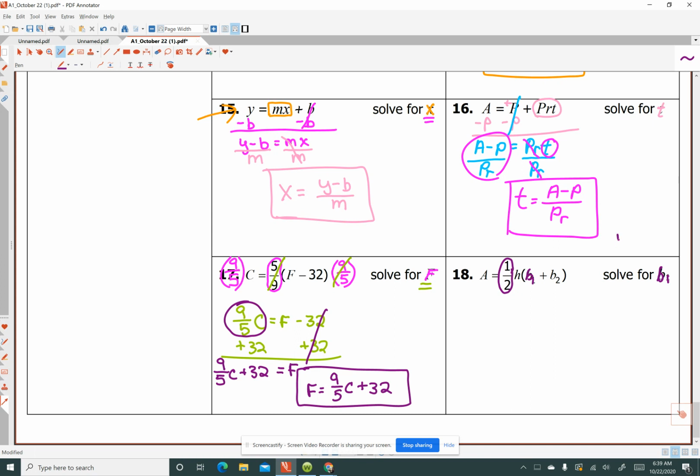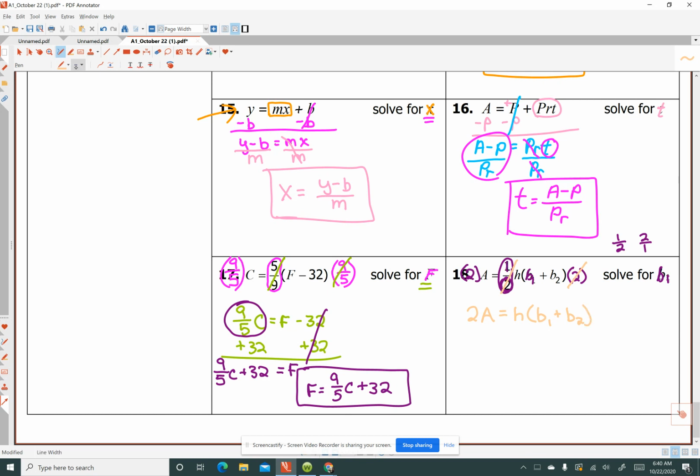The reciprocal of 1/2 is 2/1, which, because we have 1 in the numerator, we're really just multiplying by 2. We're going to multiply both sides by 2. So these go away. On the left side of the equation, I have 2A equals, and then I have H times the quantity of B1 plus B2.